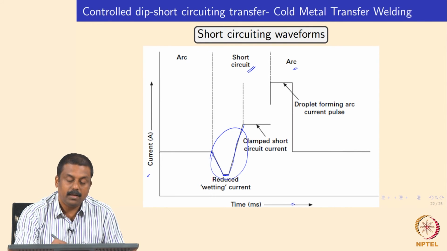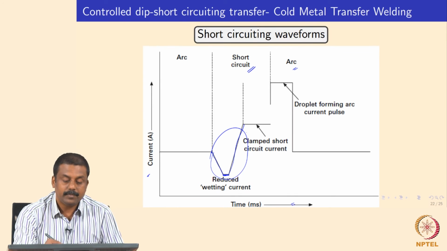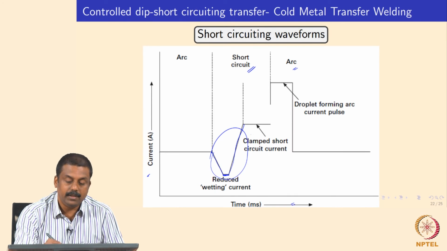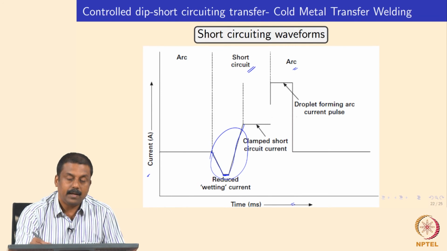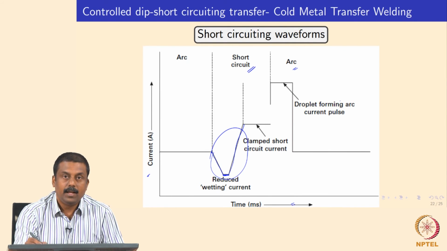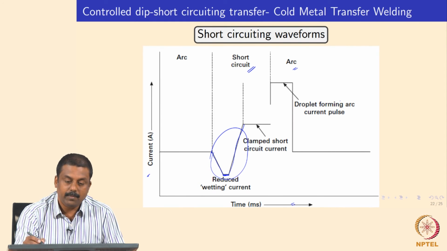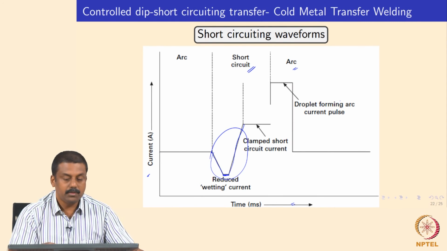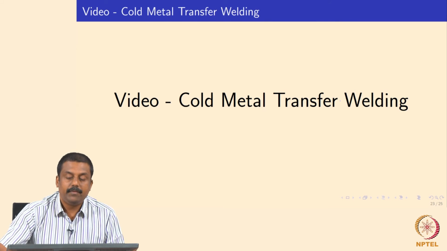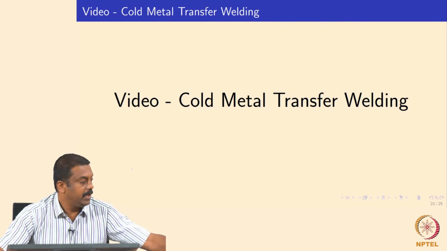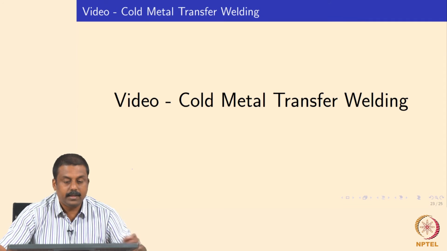Because of the absence of the arc, your droplet is transferred with extremely low heat input compared to when you have a transfer either by pulse or by conventional GMAW. So I will just show you one video of this process where you can appreciate the process characteristics.